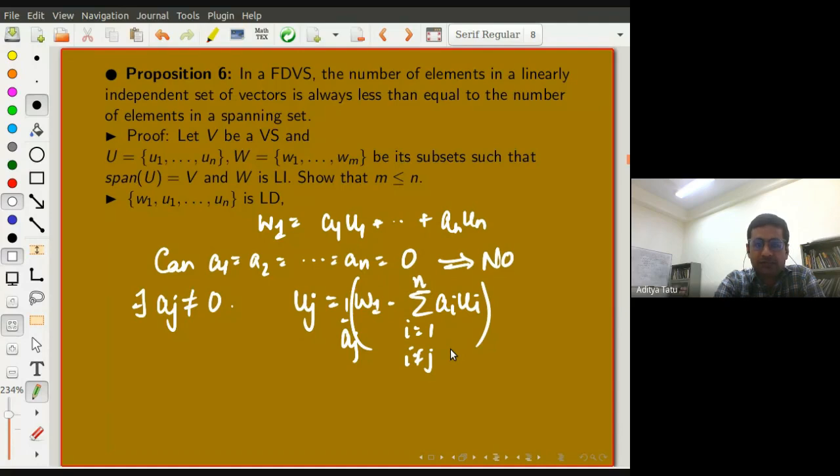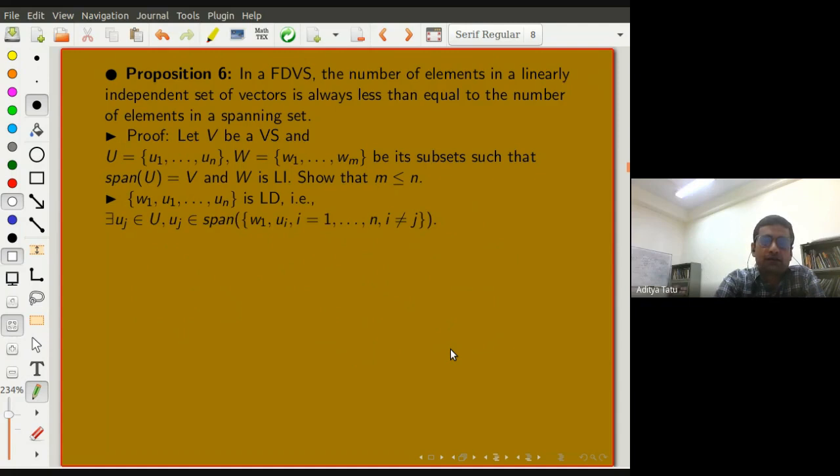So there will be some vector u_j for which a_j is not zero. There can be more than that, but at least there will be one. Therefore u_j is in the span of the remaining u's and w1.